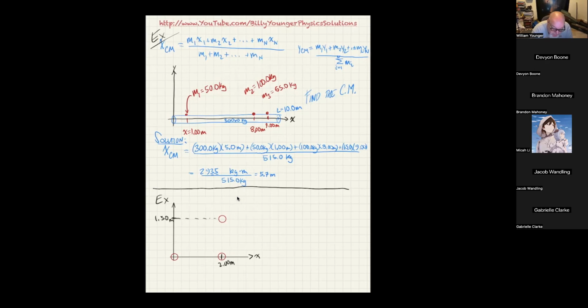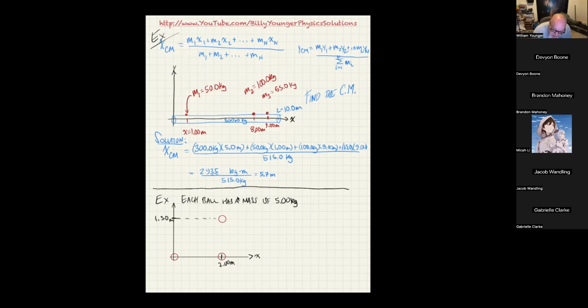And I'm going to say each ball has a mass of 5.00 kilograms. Okay.